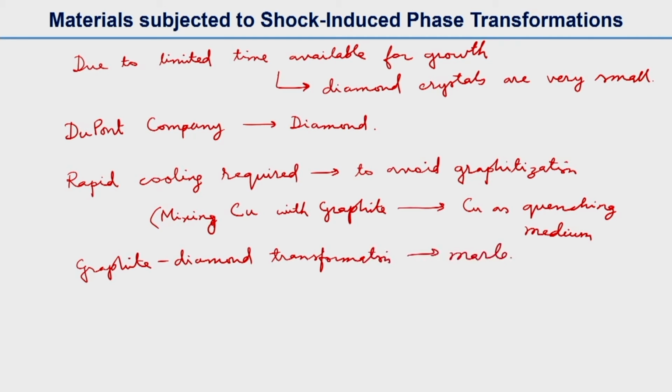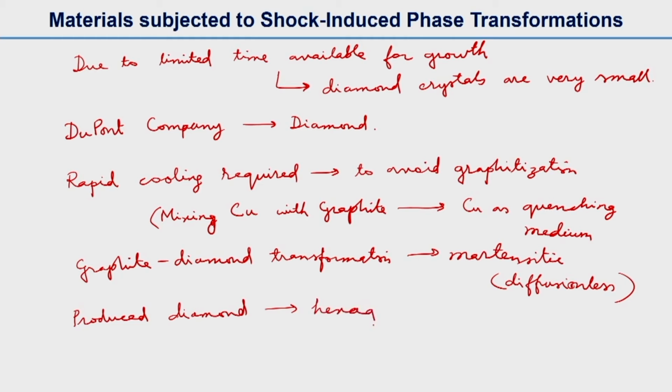Martensitic means it is a diffusionless transformation, and the diamond produced has a hexagonal crystal structure, not cubic.